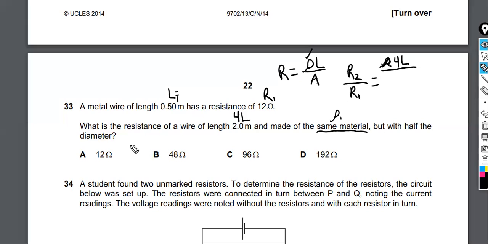If I halve the diameter, what did I do to the area? The cross-sectional area of a wire is a circle, okay? This is a circular cross-section, and the area of the circle is pi r squared. If you halve the diameter, don't you halve the radius also?